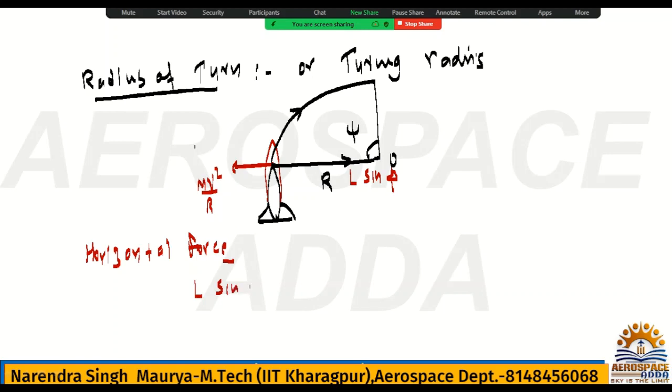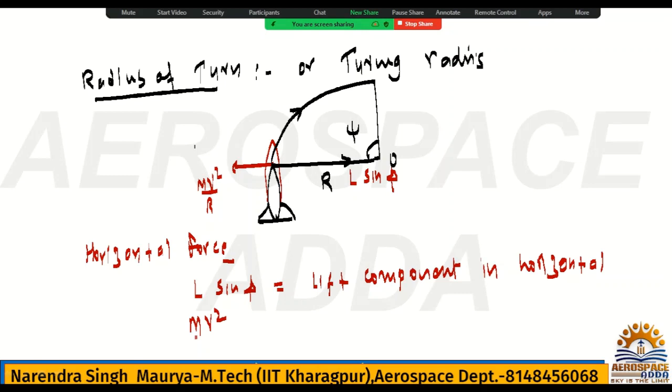L sin phi, which is nothing but the lift component in horizontal, okay. And what is the mv square by r?